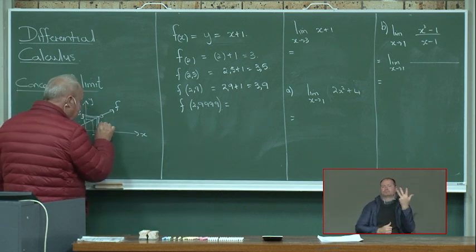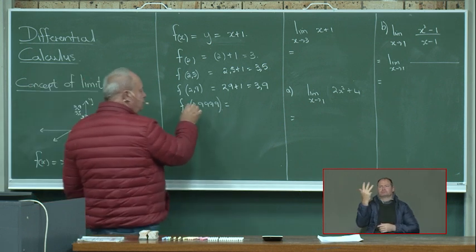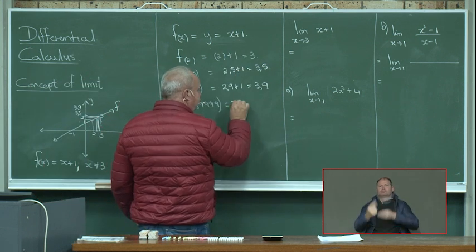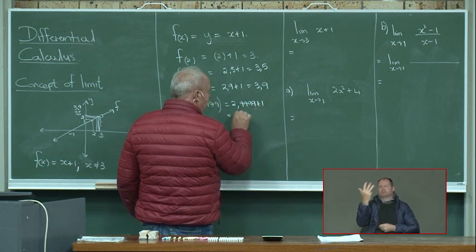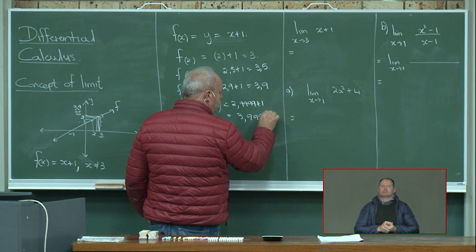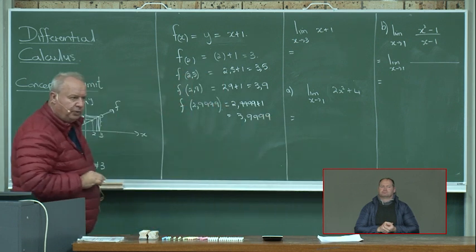And if it's 2.999, then I put 2.999 into the expression, and it becomes 3.999. Now have a look.